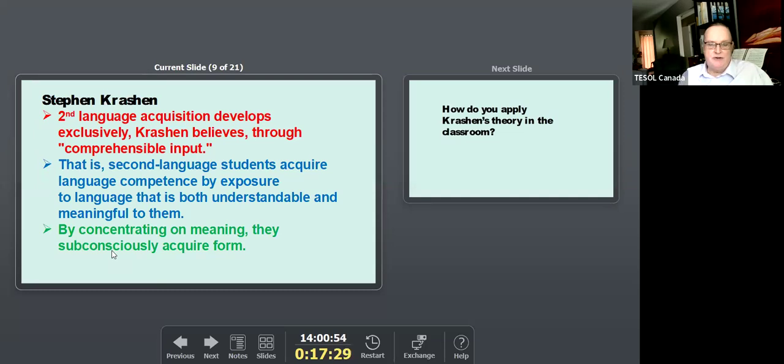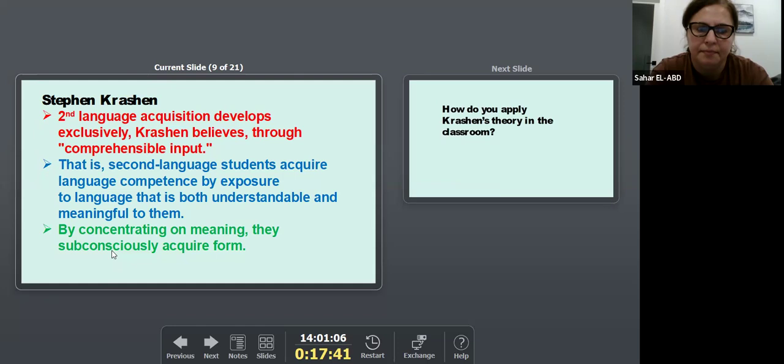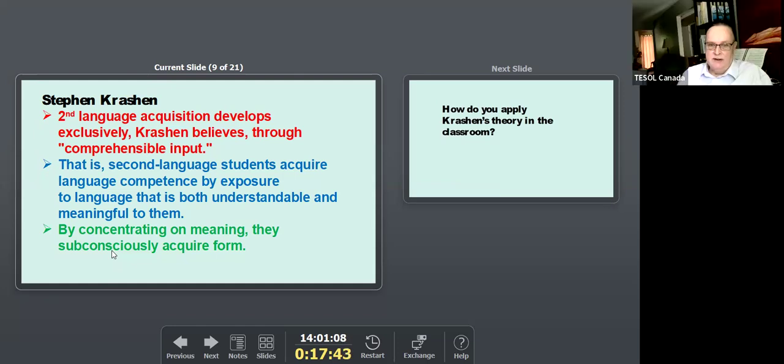And if they concentrate on the meaning or identify what the object is, then they subconsciously acquire the form of the language, the words. So it's that subconscious acquisition. That's what's happening inside our brain without us even realizing it.